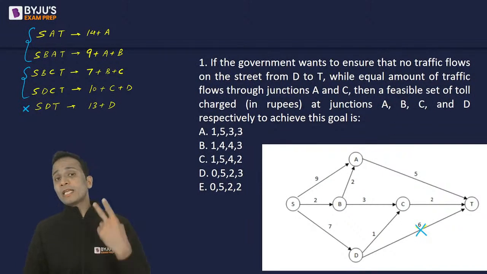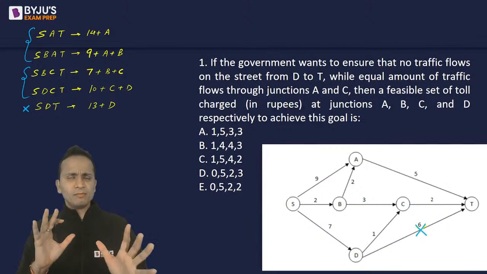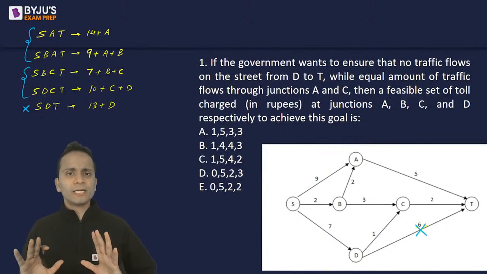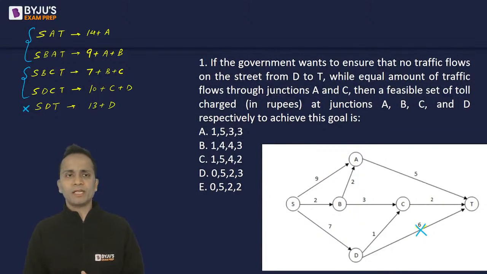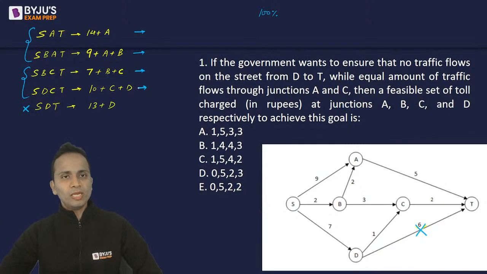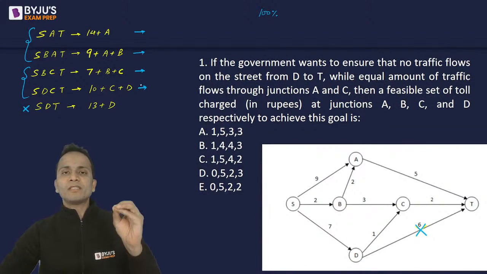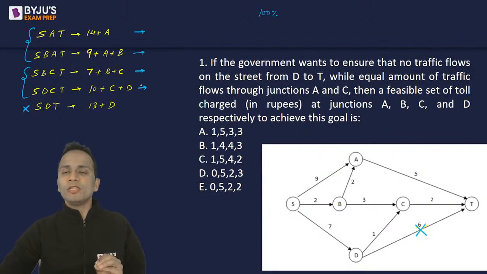Okay. Now there can be 2 ways of doing this. Generally, there are roughly 2 ways to achieve this particular thing, right? Now one is whatever the traffic is, let's say the traffic is 100%. So we'll equally divide this traffic along these 4 routes. So we'll devise a toll strategy such that the traffic will flow equally on these 4 routes.